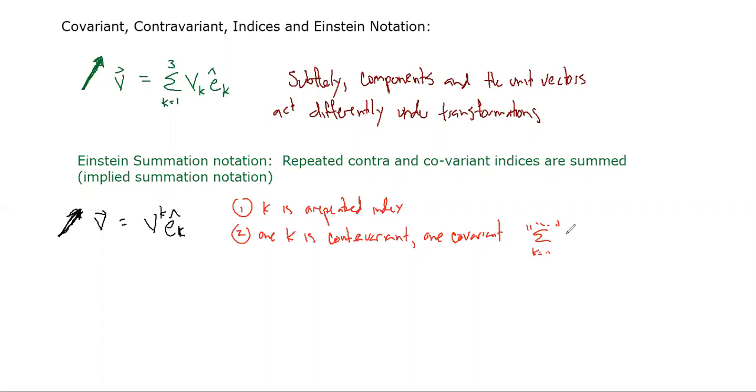Okay, so now we can rewrite our couple of examples. See if you guys can do this. Write the stress tensor equation that we started today with in Einstein notation, or implied summation notation. Is anybody happy with their answer?